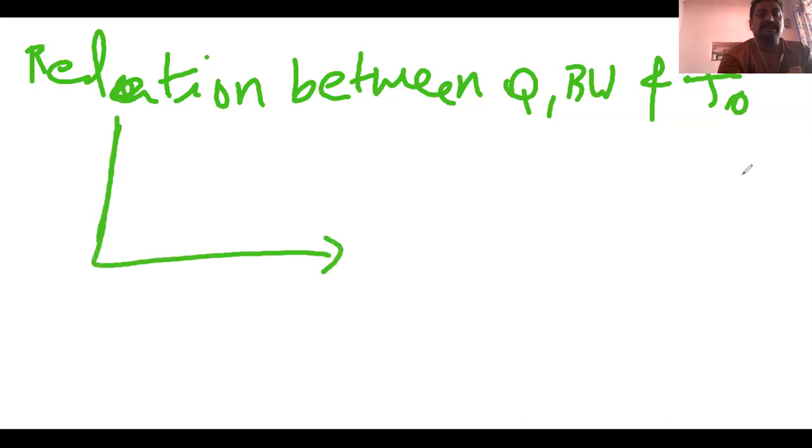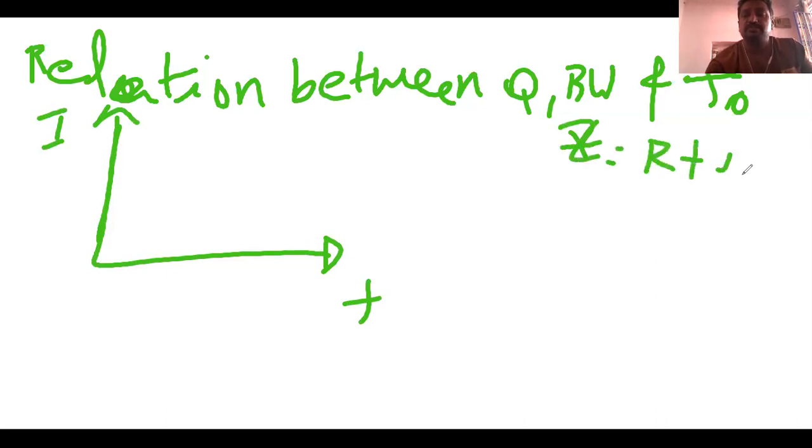We need the graph between frequency and current. Here we know that Z is equal to R plus j into net reactance, XL minus XC. So it depends on this. It may start from a minimum value, and it reaches the maximum value.